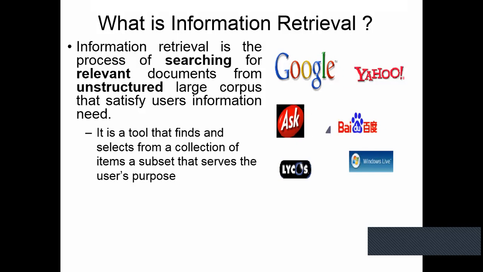So basically, relevant document means either the document is structurally similar with the user's information need or user's query, or else semantically the document retrieved is similar with the query users are providing for the system. Already structurally designing the system is done by different experts, but still we have to go for semantically designing the system, so that the system has to understand the meaning. So searching should be meaning-based, semantic-based.